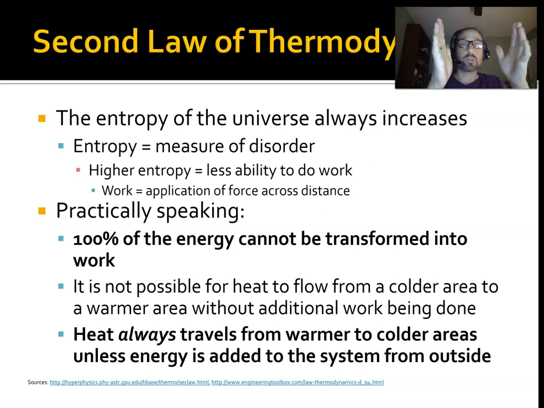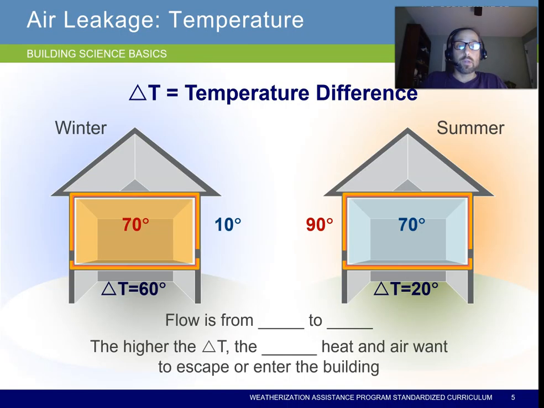So if I have a hot cup of tea and my hand's colder and I put my hand against the teacup, the heat is always going to go from the teacup to my hand. Whatever's warmer, it's going to go from that area to the colder area, unless you somehow force it to go in the other direction, which in terms of conduction you really can't do, but there are ways to do it with other types of heat transfer like convection and advection and so forth.